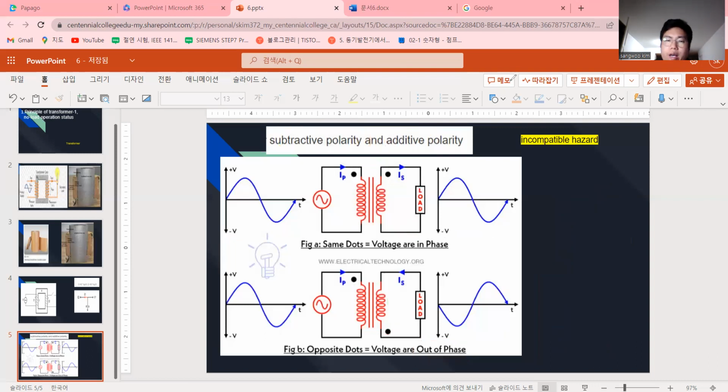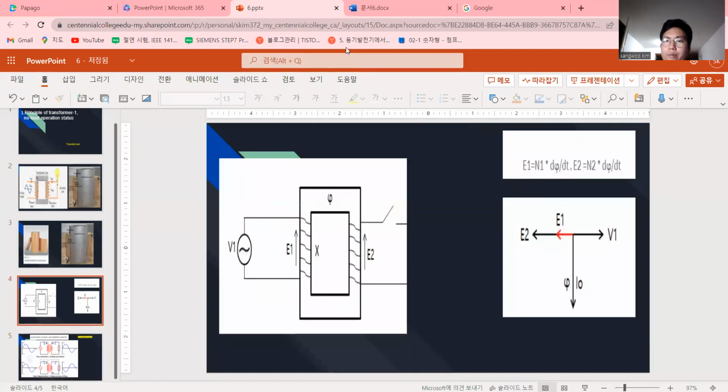Oh, and I forgot one thing here. I said here is the exciting current, right? As I said, here is the phi and I curve. Here we say I0, and here is the saturation point, right? But I0 depends on Ohm's law, right? X is I0. We don't want saturation. If saturation happens, the current surges with a sudden increase.